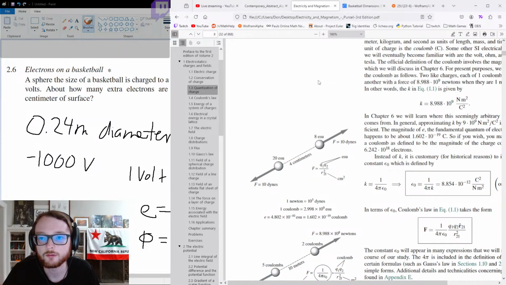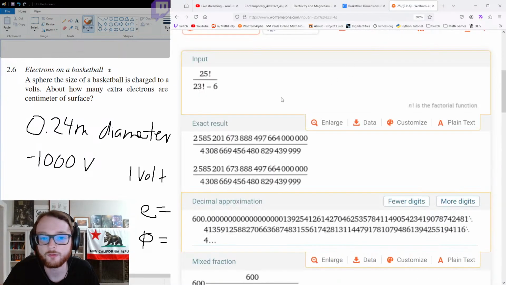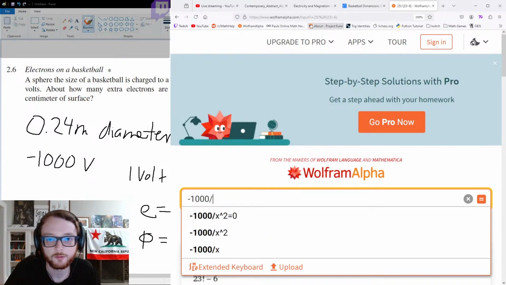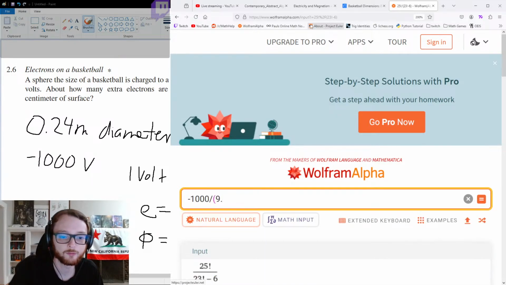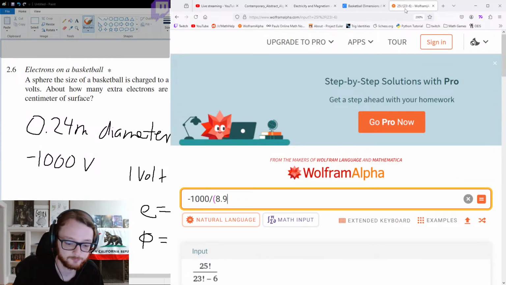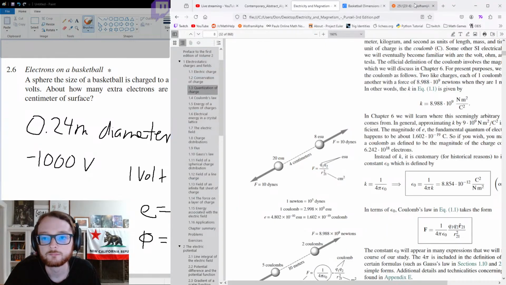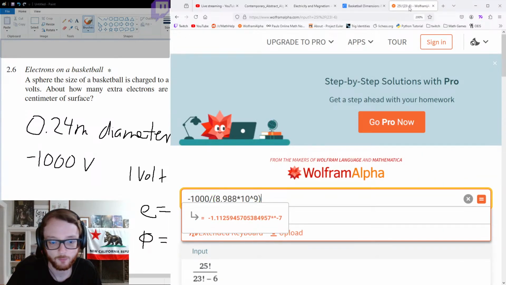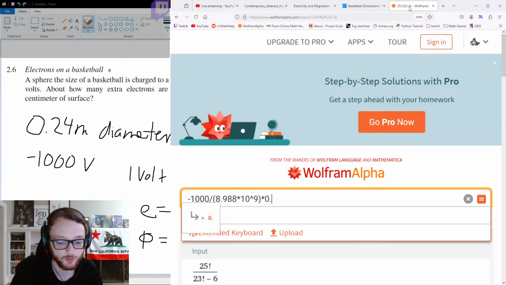Just use that. So we're going to take minus 1,000 over 9 point... Oh, it's 8 point... It's 10 to the 9. And we're multiplying it by 0.12.